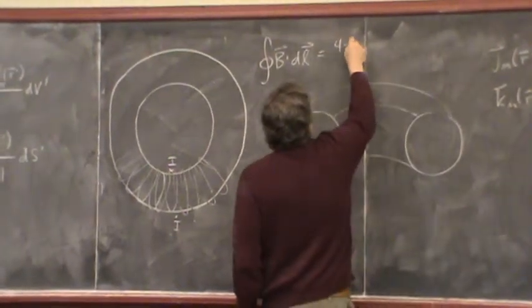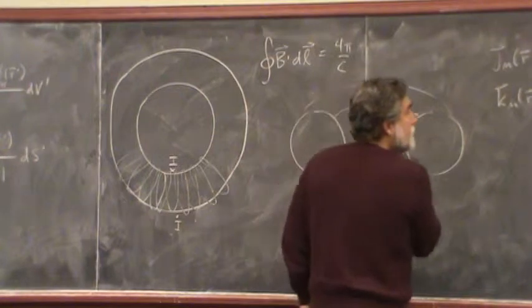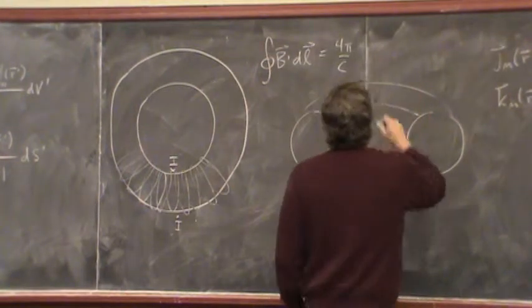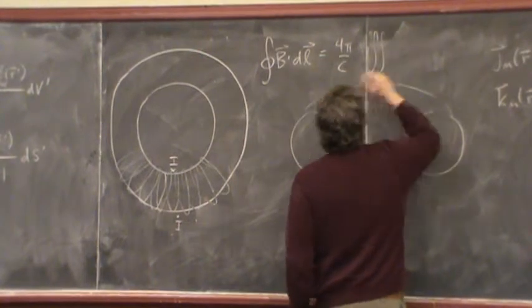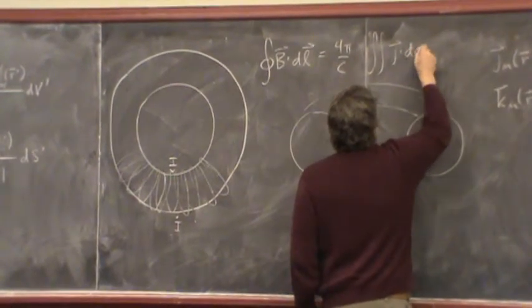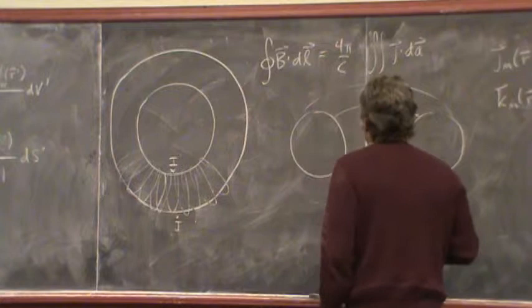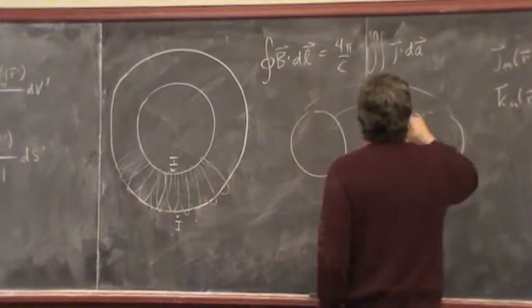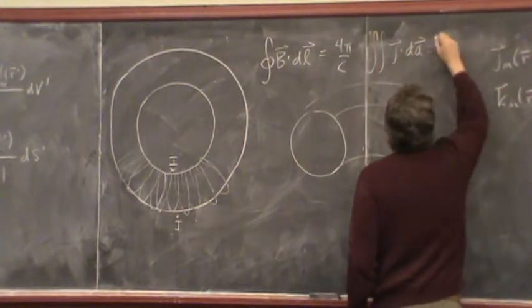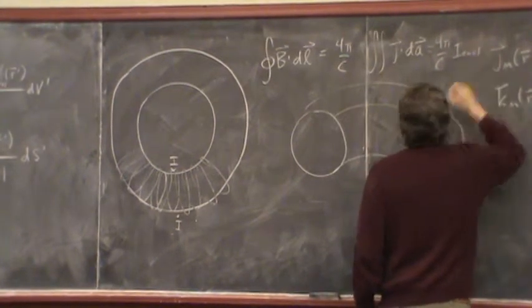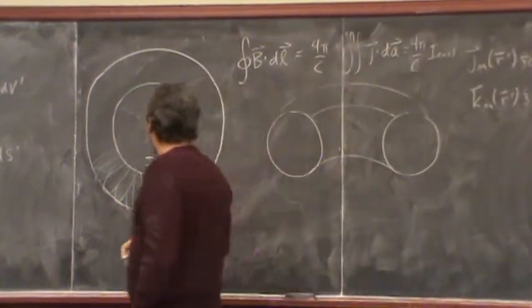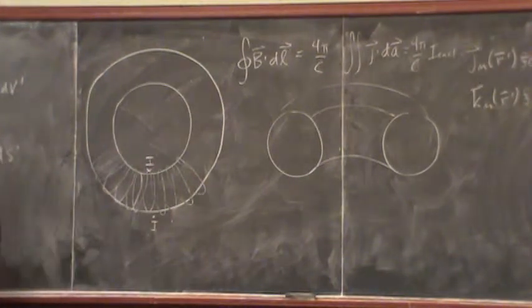The integral of B dot dl equals 4 pi over c times the integral over the surface enclosed by that path of J dot dA. What this really is, is the current enclosed by the path. So we're interested in the magnetic field.